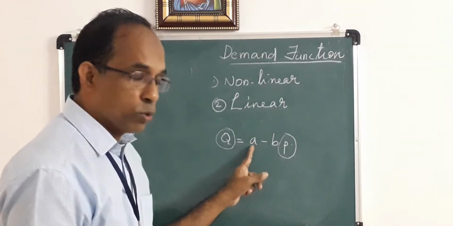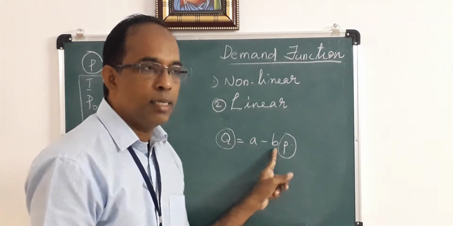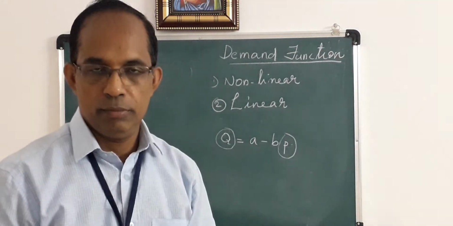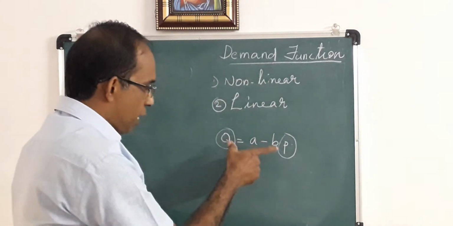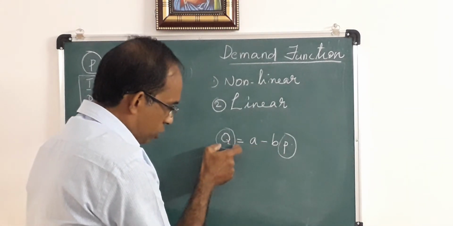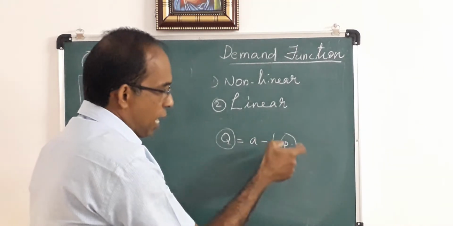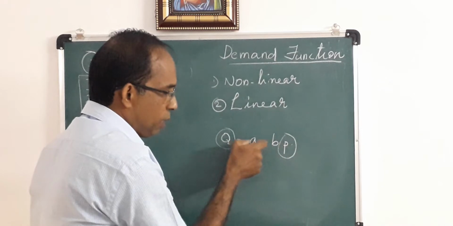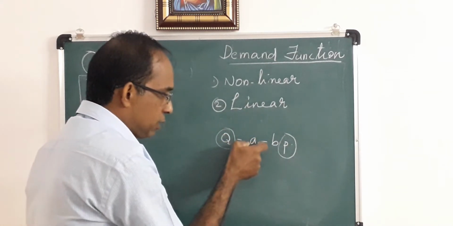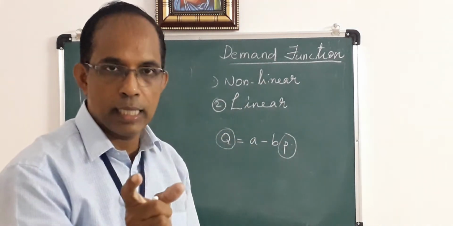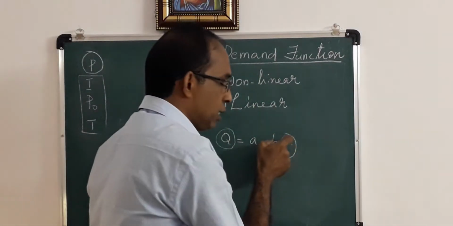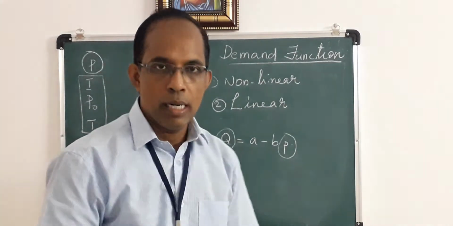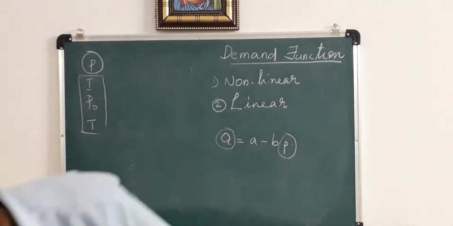A determines the position and B gives the slope of the demand curve. Clear? A and B are called parameters, and when we do an example, it would be more clear to you.